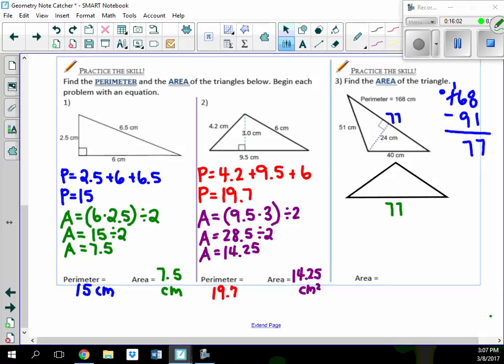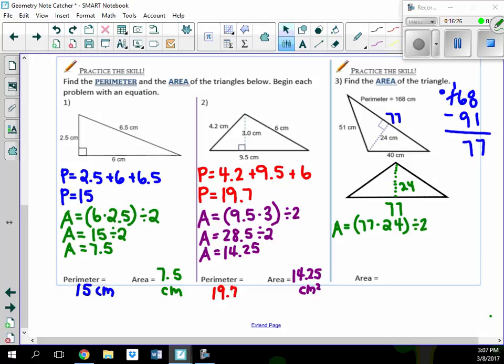And we know that the height right here is 24. Okay? And then we're going to use the same exact thing we've been doing the whole time, the same exact formula. Our area is our base, which is 77, times our height, which is 24, and then divide that by 2.